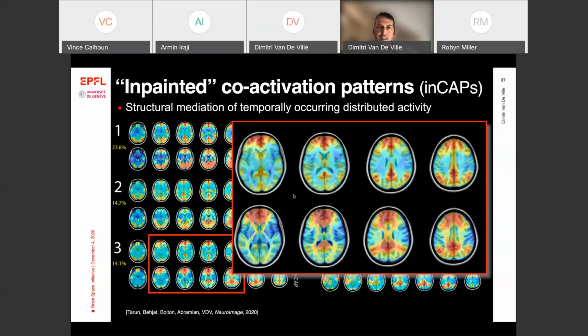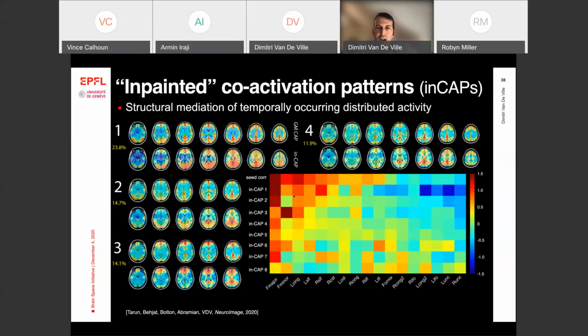And if you like to see this in more detail, just as we did with the Laplacian eigenmodes in the very beginning, we could compare the inpainted CAPs in terms of their white matter loading with respect to a white matter atlas. The first row here is the loadings of the tracts on the seed connectivity map.